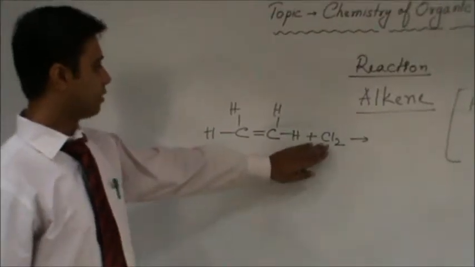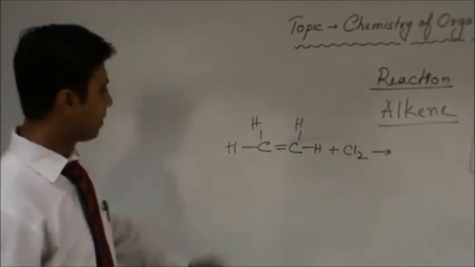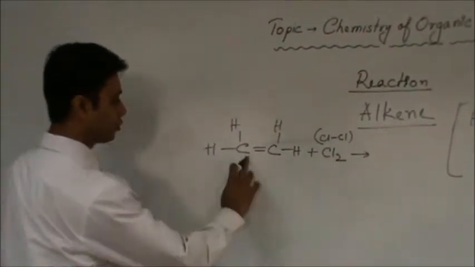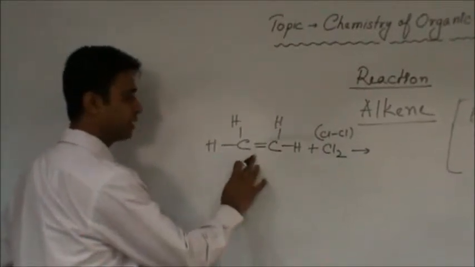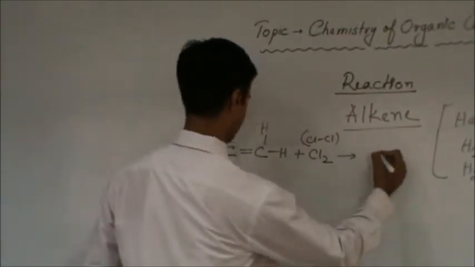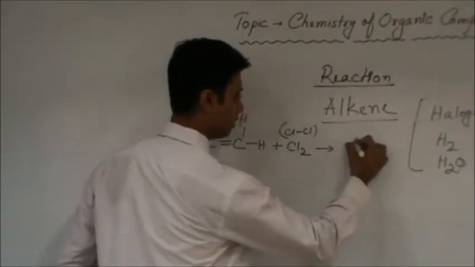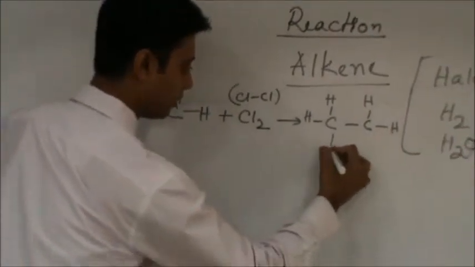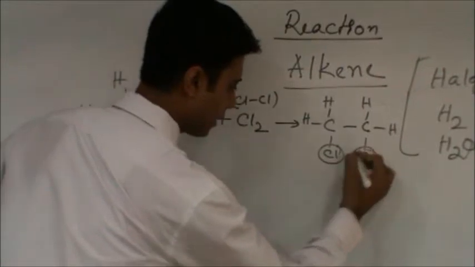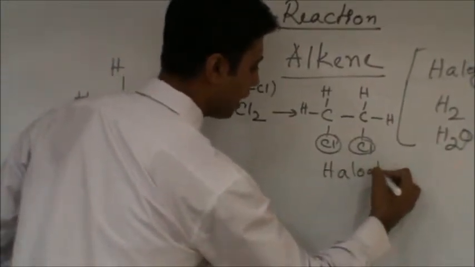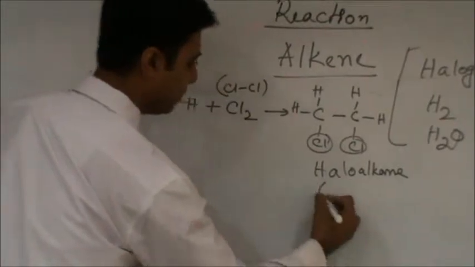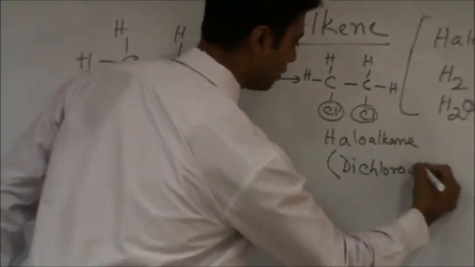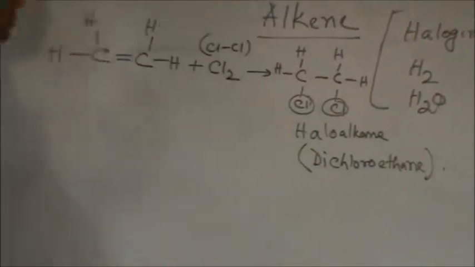If you want to add chlorine to ethene, we have to add these 2 chlorine atoms to the 2 carbons that are sharing the double bond, and it will give you a haloalkane, namely dichloroethane.